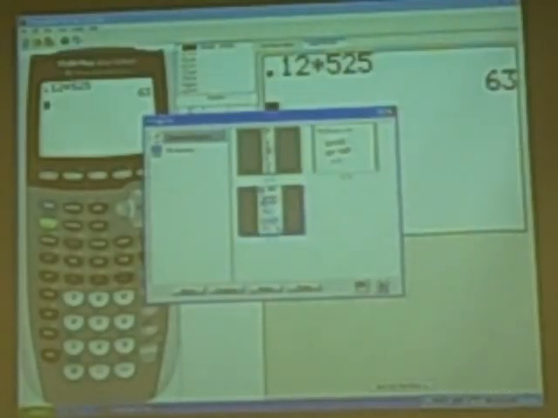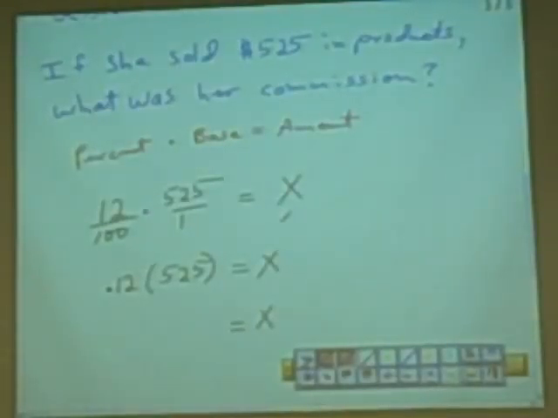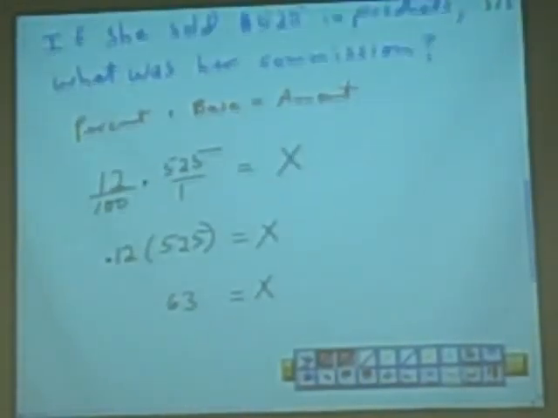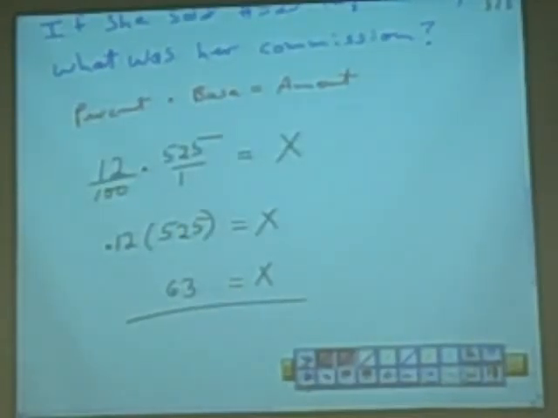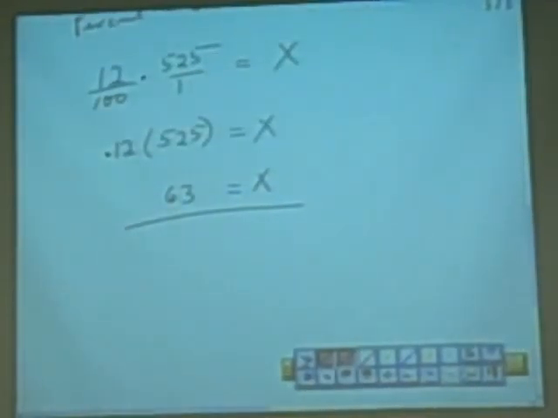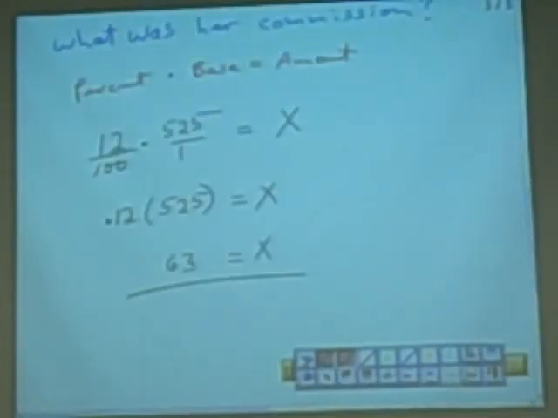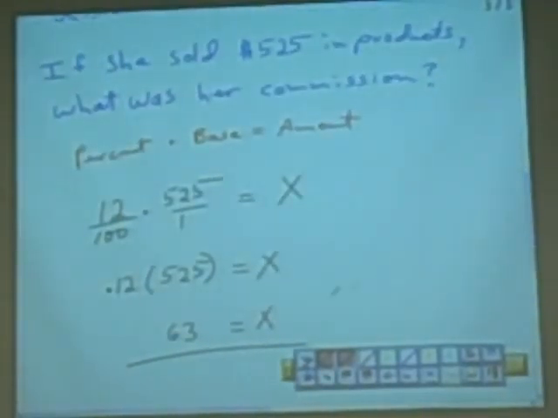Any questions with that? Okay, and that's our answer. So she earned 63 what? Dollars, right? When you're working with word problems, you want to look at what you're working with.